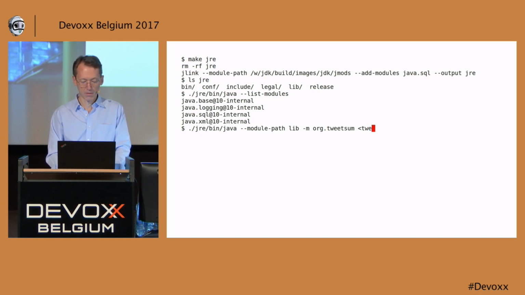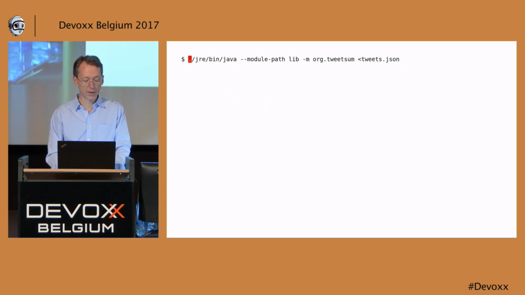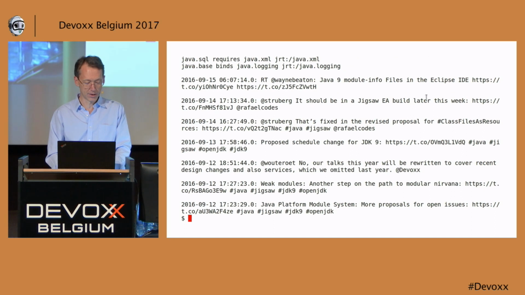And that should work. Okay, good. I can also use various other diagnostic options. For example, show module resolution will show you the activity of the module system's resolution algorithm as it figures out what it needs to do.